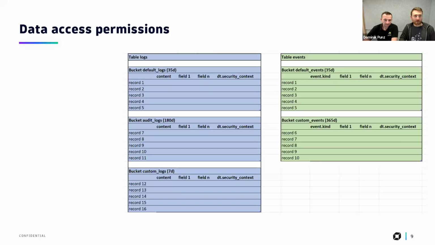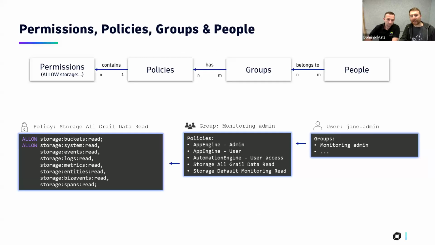What I forgot to mention is that this system is not just limited to storage access permissions. There are lots of different permissions throughout Dynatrace. But now we want to dive deeper into data access, the storage permissions.